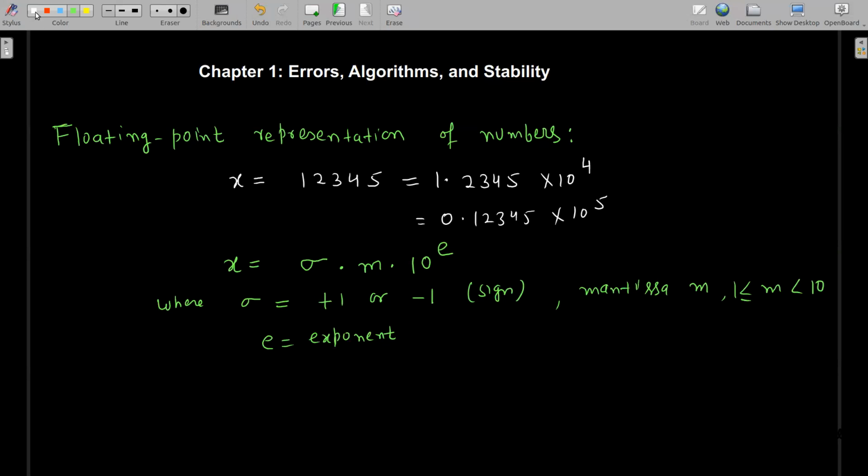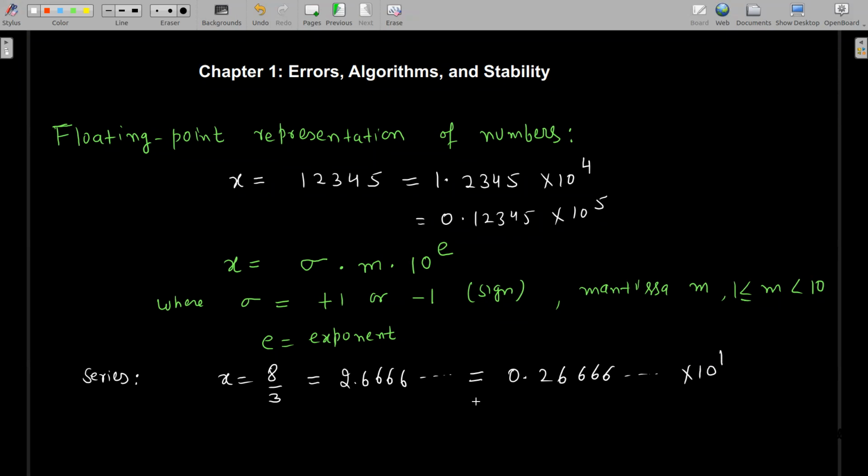Also, you can represent a number in series form. For example, you have a number, let us say 8 by 3. I can write it as 2.6666 and so on. So what will the series be? We write this number in powers of 10. Or you can write it as 0.2666 and so on, multiplied by 10 power 1.